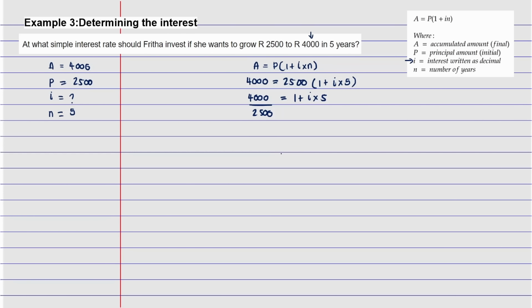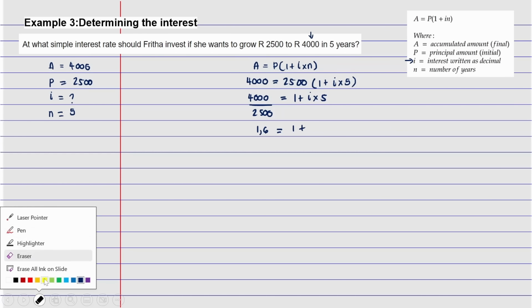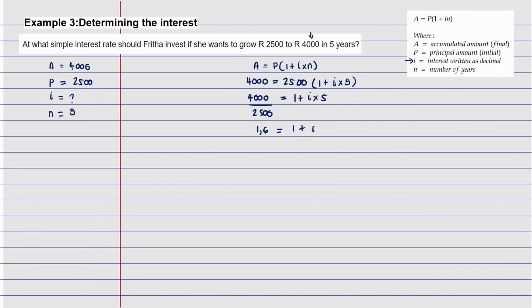So simplify this. When we simplify it, we get 1.6 equals 1 plus I multiplied by 5, sorry about that. So when we take the 1 to the other side, it gives us 0.6 equals 5I. Then divide both sides by 5.